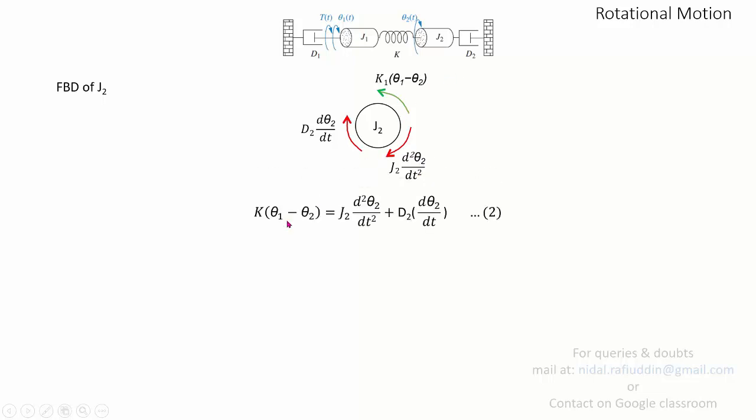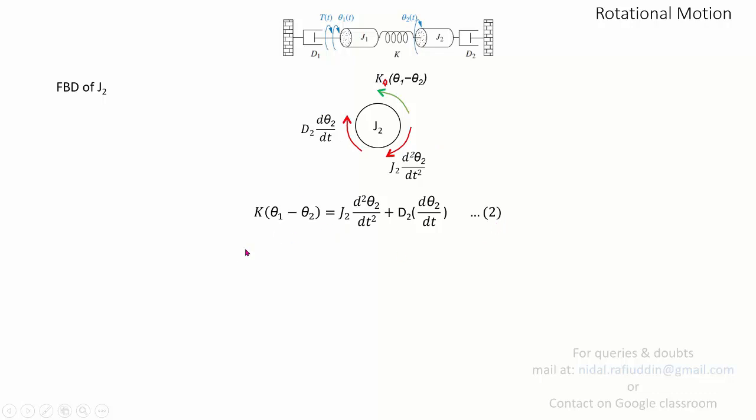So this should be K, not K1. K (theta 1 minus theta 2) is the acting force, and the resisting forces are because of moment of inertia J2 and because of dashpot D2, and thus we obtain equation 2.